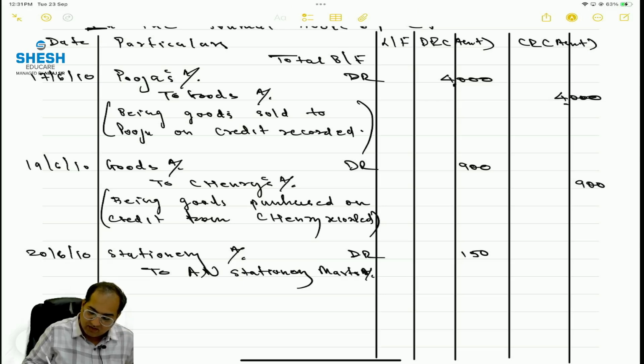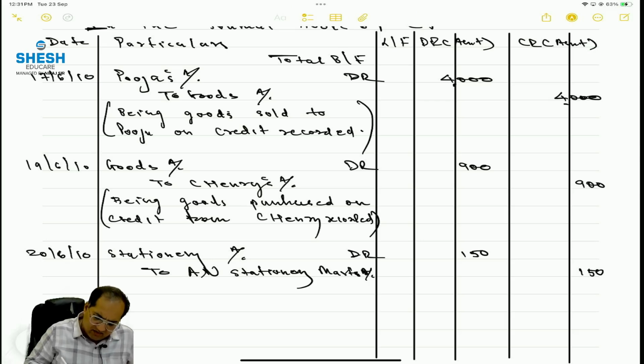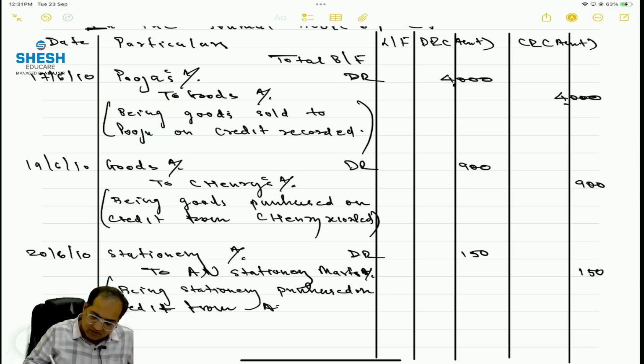Mart's account कितना? 150. नरेशन में क्या लिखेंगे? वही being stationery purchased on credit. Don't write short form in your solution. From Anupam Stationery Mart recorded.